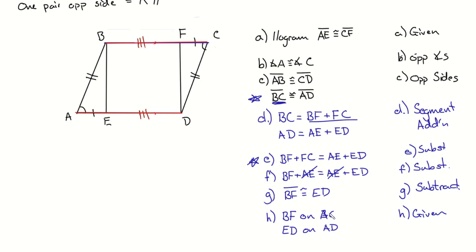If BC is parallel to AD, and these are just on those lines, can we conclude that BF must be parallel to ED? Does that seem reasonable? Which means I can now put these marks. As soon as I have those marks, where opposite sides are congruent and parallel, what do we conclude?